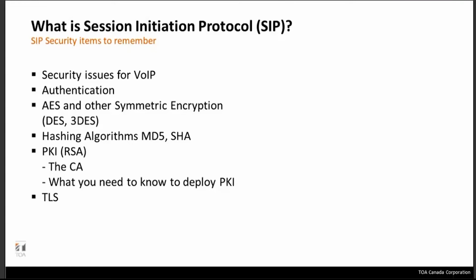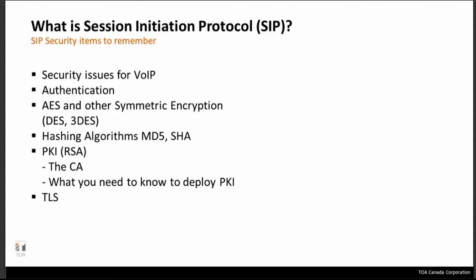So we see the security challenge. We understand that Voice over IP has a security challenge. How do we face and counter those challenges? We have a couple of technologies in place right now: authentication, encryption, public key, private key, and TLS.